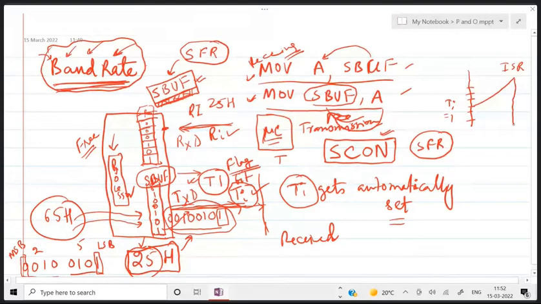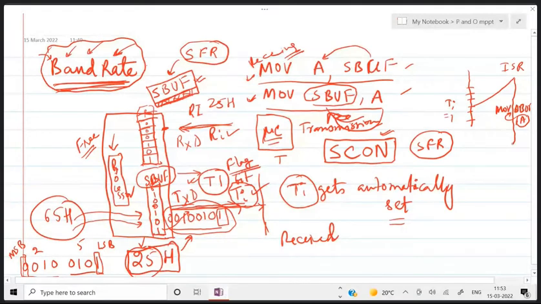And in that ISR, if you want to transmit some other data, that is now copied to the SBUF. So MOV SBUF, A. Here whatever is in A, it gets copied into SBUF. Now it is ready to be transmitted in the next few cycles of transmission.